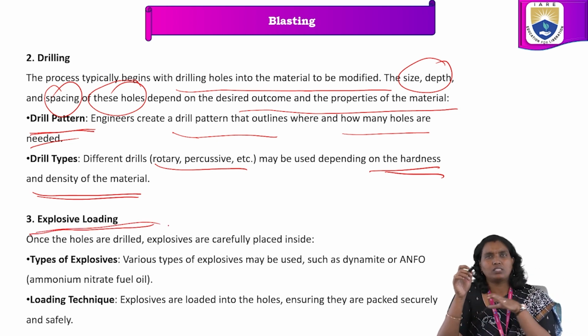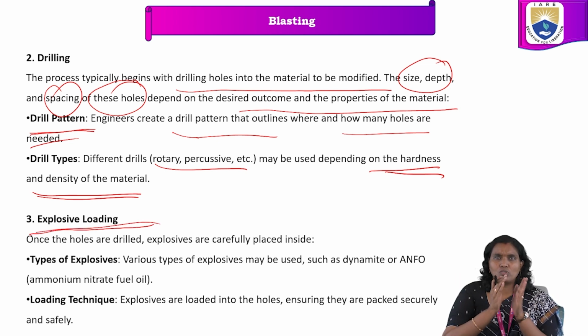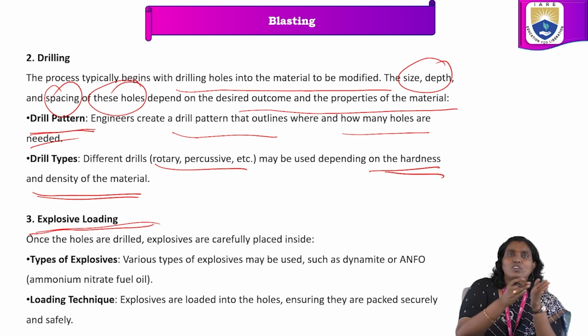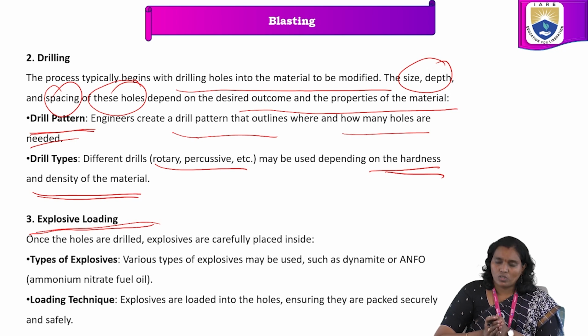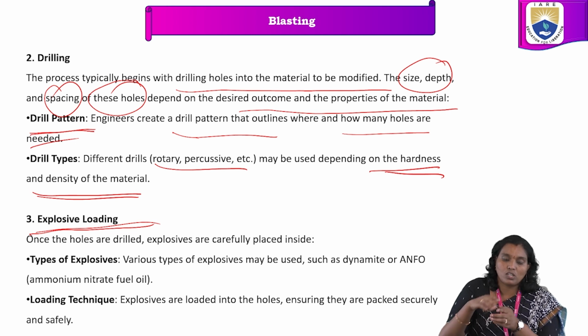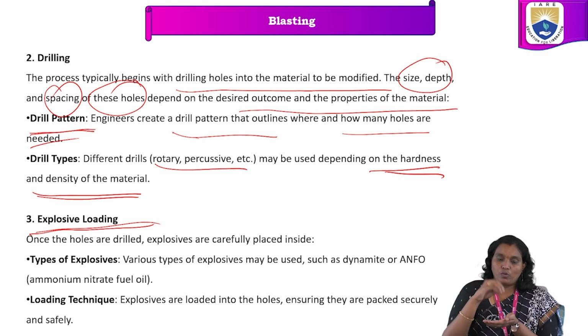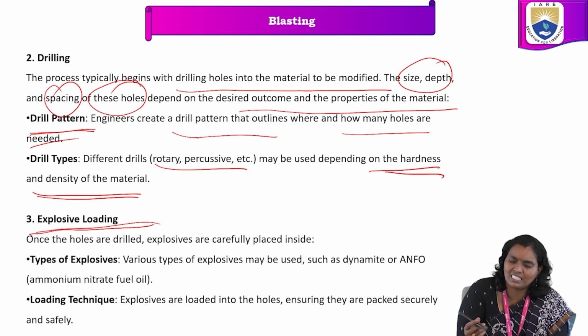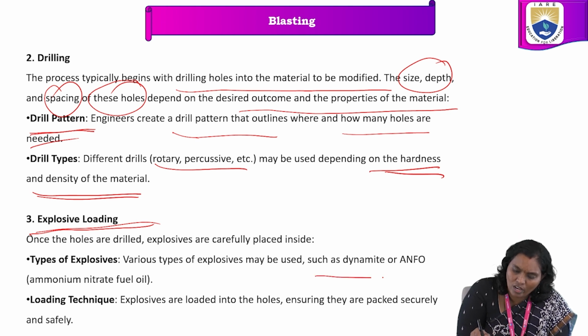Once all the holes are drilled, the explosives are carefully placed inside. Which type of explosives we use and which loading techniques we consider is also a very important part of this blasting. Various types of explosives may be used, such as dynamite and ANFO, ammonium nitrate fuel oil.